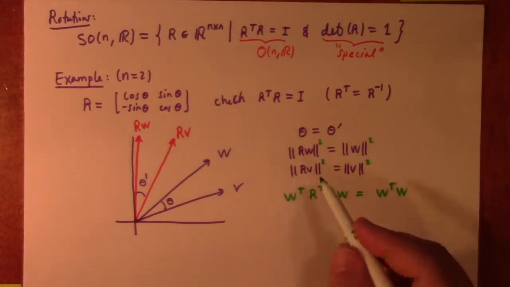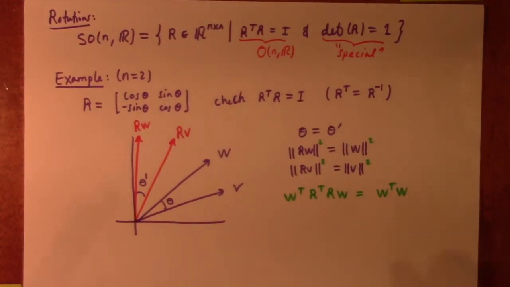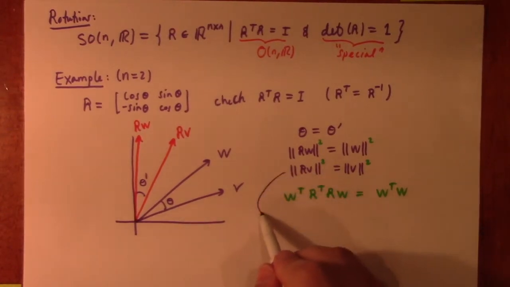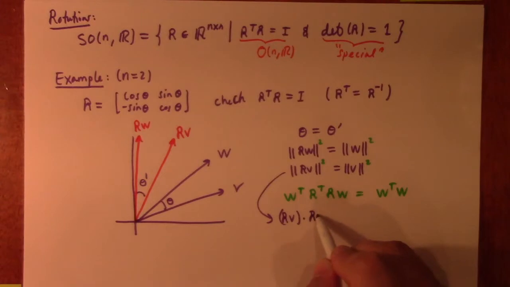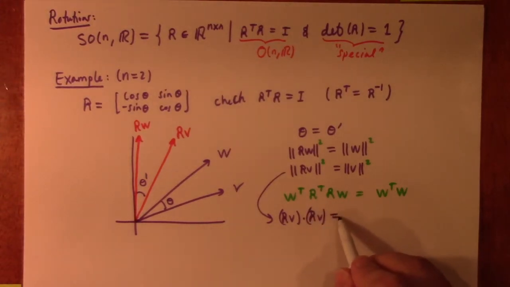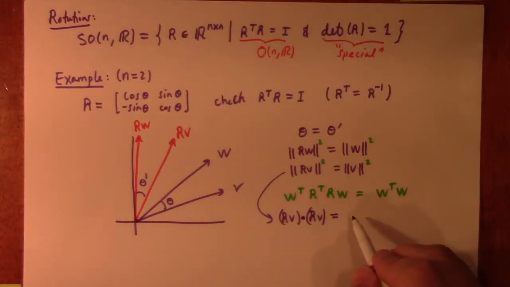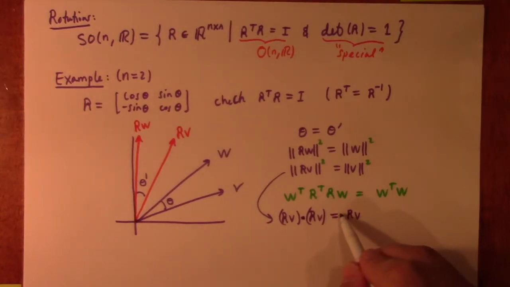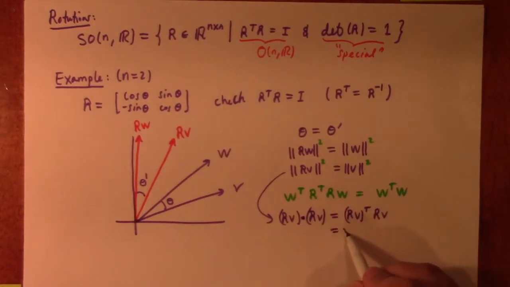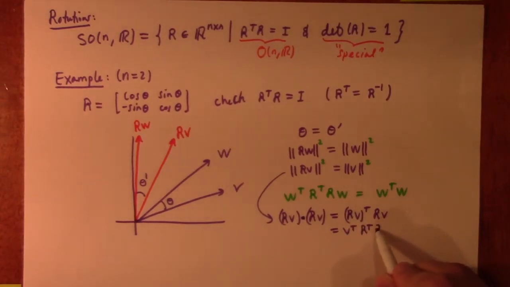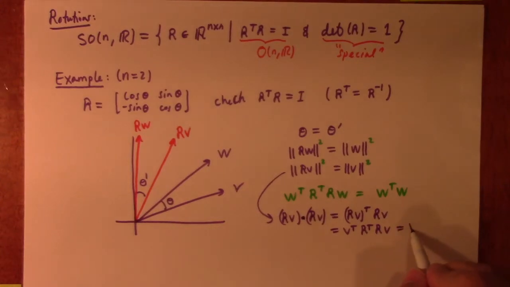In detail, the way we calculate this, for example, would be Rv dot Rv. The dot product translates into transpose times the other vector, socks and shoes. But this is also equal to v dot v, which is v transpose v.